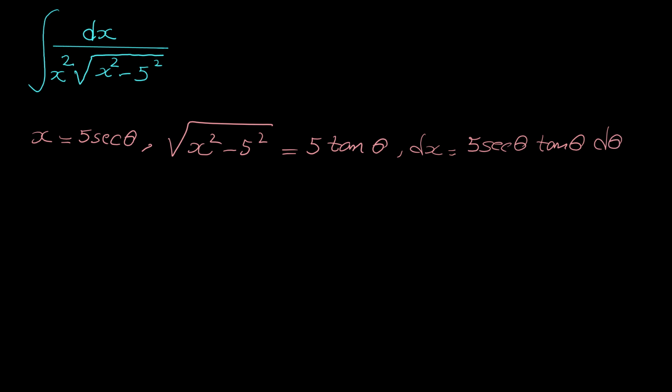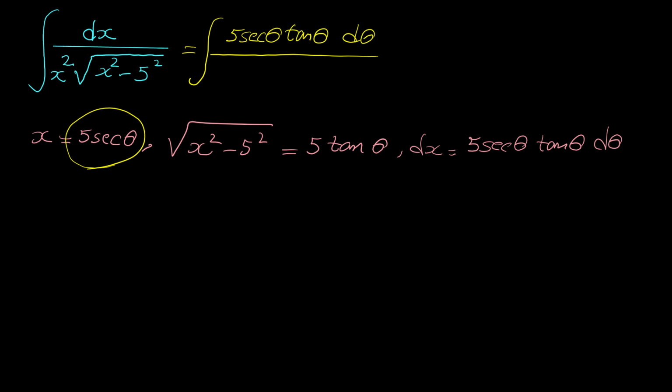Now everything is ready to be substituted in this integral. For dx, we substitute 5 secant theta tangent theta d theta. X to the 2. What is x? X is this. X to the 2 would be 5 secant to the 2, which is 25 secant to the 2.